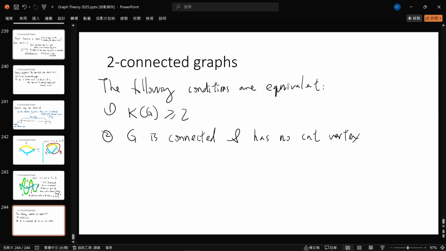In other words, if it has no cut vertex, then kappa G is greater than 1. So if kappa G is greater than 1, then kappa G is at least 2. So these two conditions are equivalent.